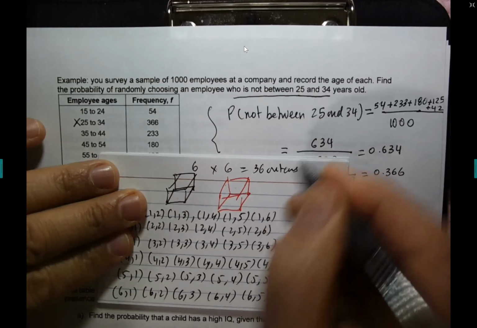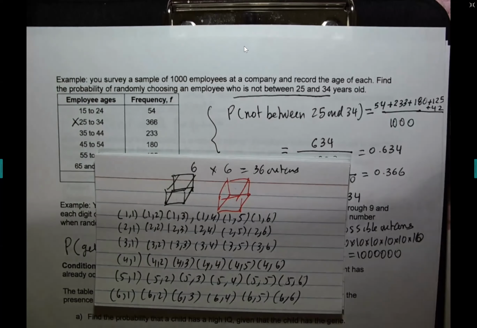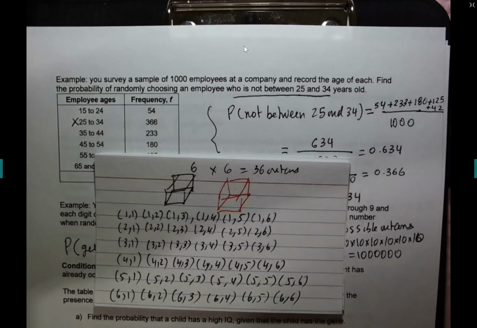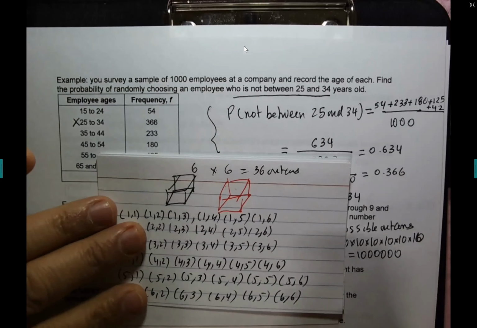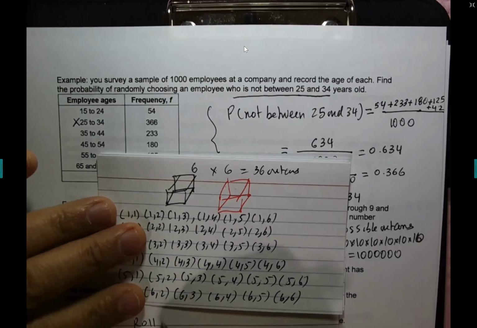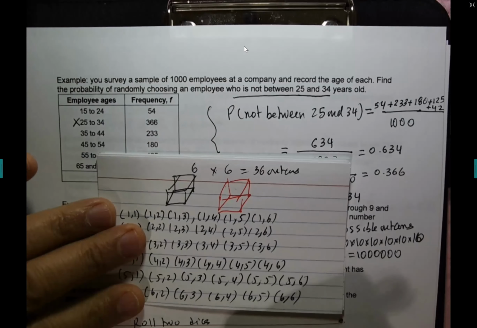Okay, here are the questions now. You roll 2 dice, just like we did. First question, what is the probability of getting a sum of 10 on both faces of the dice?